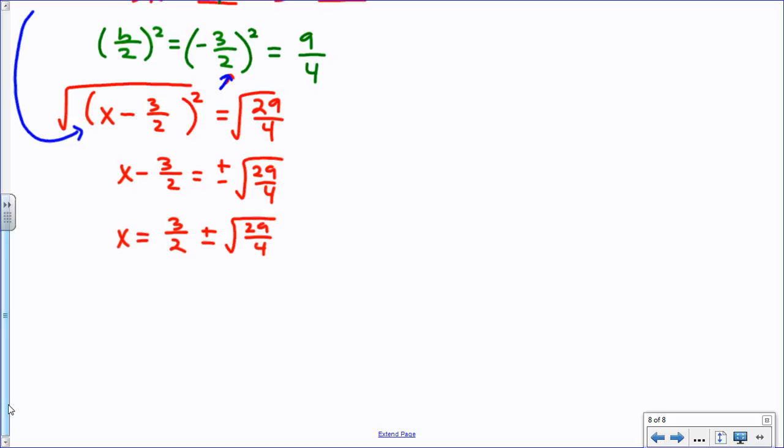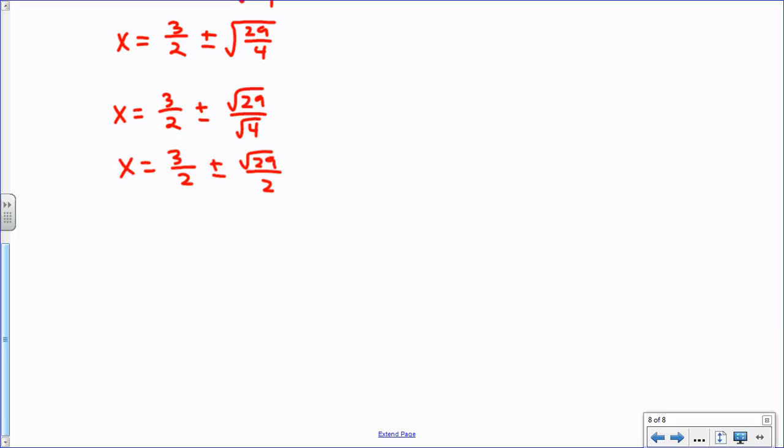So what I want to do is, I can't leave radicals in the denominator. The square root of 4 is 2. To get both points, you at least need to get to here.